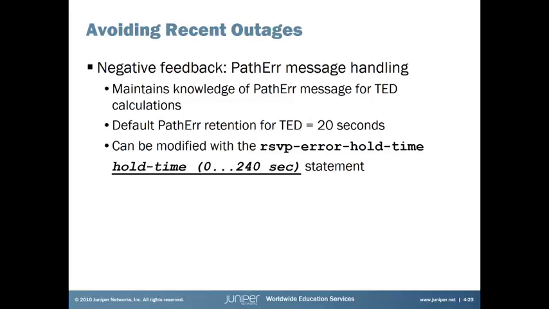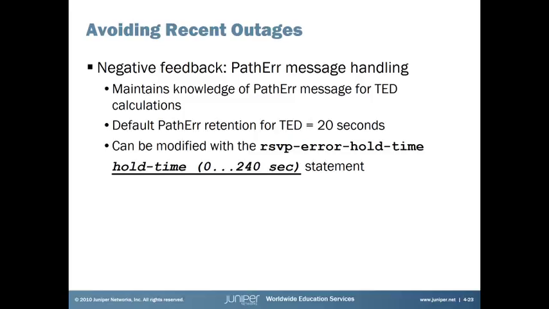So to avoid this kind of hashing of inaccurate EROs because of the delay in our updates, what we do is configure this default path retention error. In other words, if we do get this error, which says, hey, I can't build the path, we hold this error information for a set time.